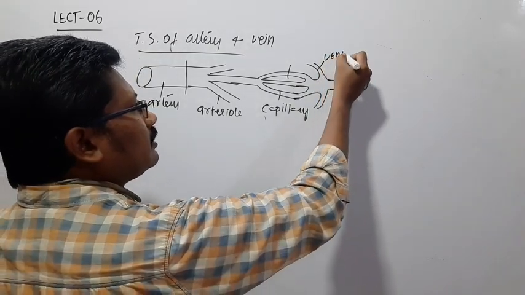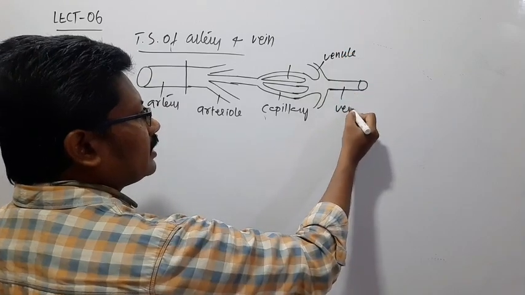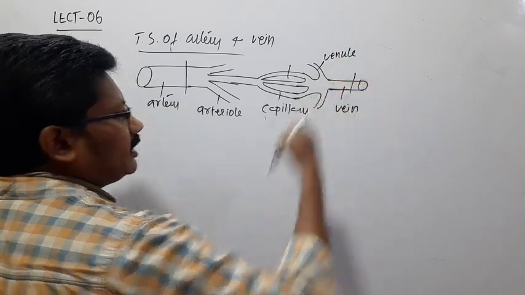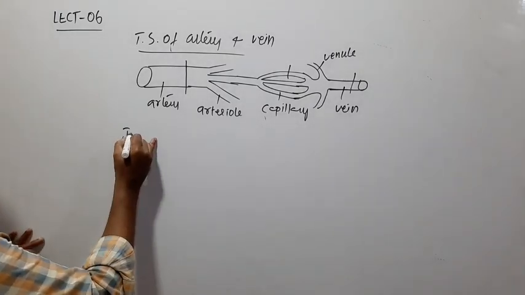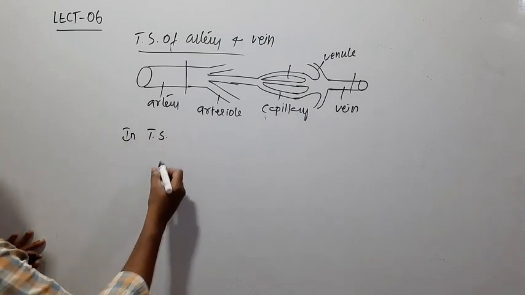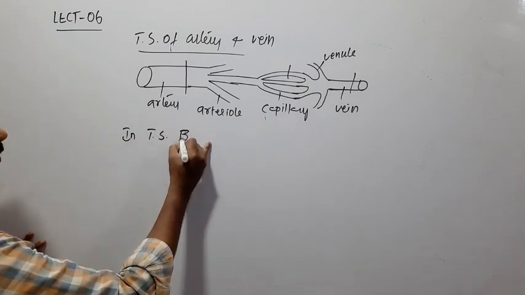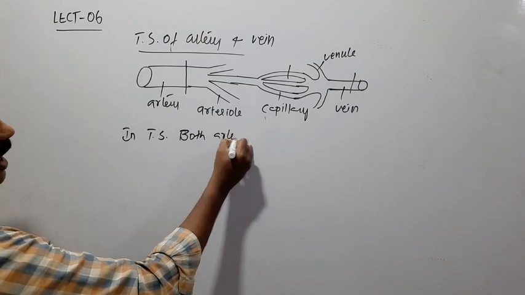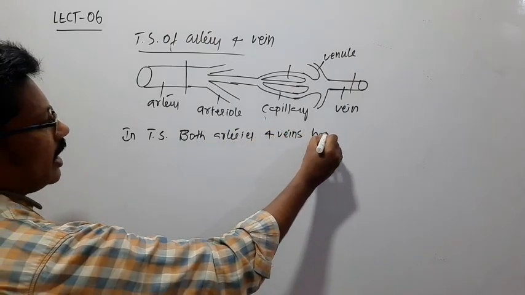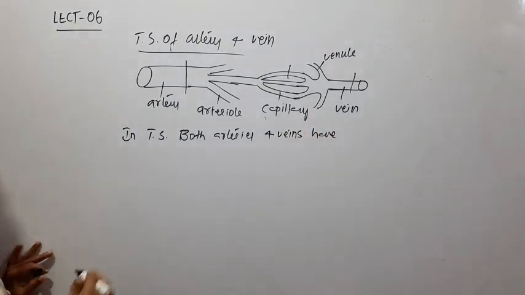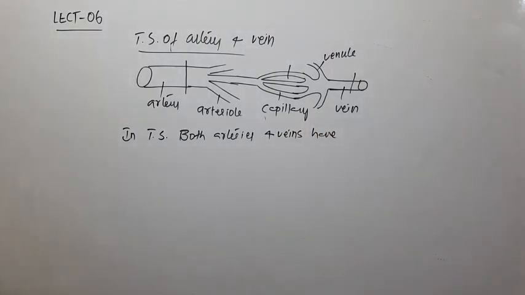So this is a venule, and then this is a vein. We'll see the transverse section of a vein too. Now in transverse section, both arteries and veins have the following layers.